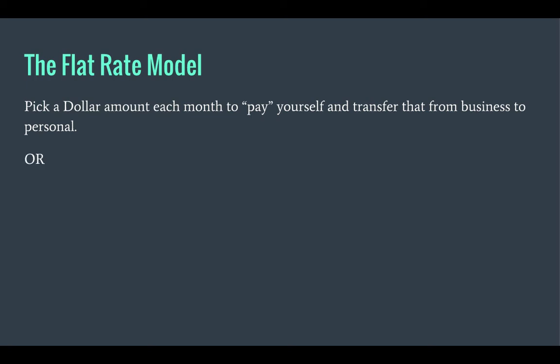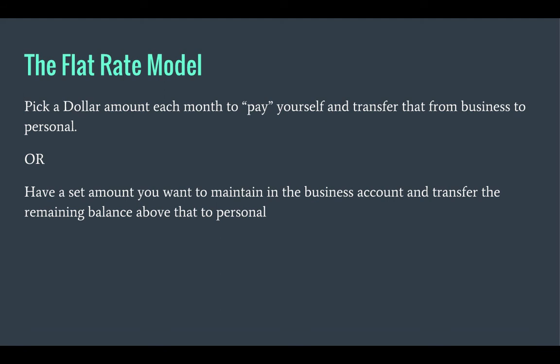The other option is kind of the reverse. You know how much you want to maintain in your business account. Say your average monthly expenses for your business are $3,000. So you want to keep at least the next month's worth of expenses in your account. So say you want to keep the balance of your business checking account at $6,000.